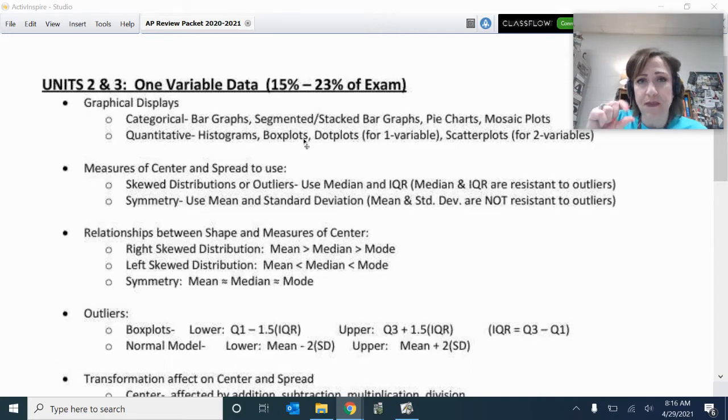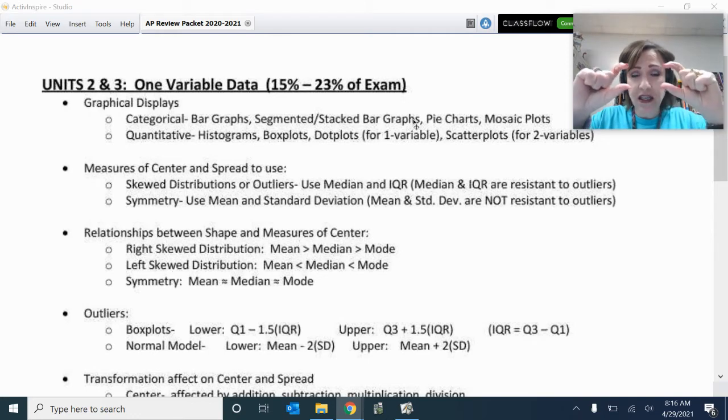Remember, one of the things that we look for with those segmented or stacked bar graphs is if the categories are the same size for the two different variables, or the three different variables or whatever, then that's saying that the variables are not affecting each other and you have independence, or there is no association between those things.